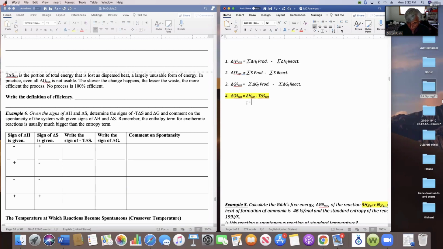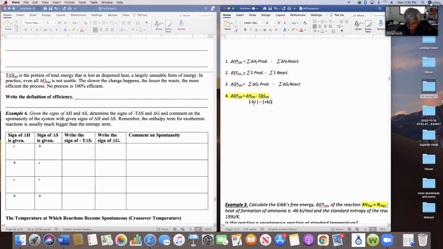So negative delta H, minus T times positive delta S, becomes negative x minus positive y. Both of these are in kilojoules: negative kilojoules and positive kilojoules.